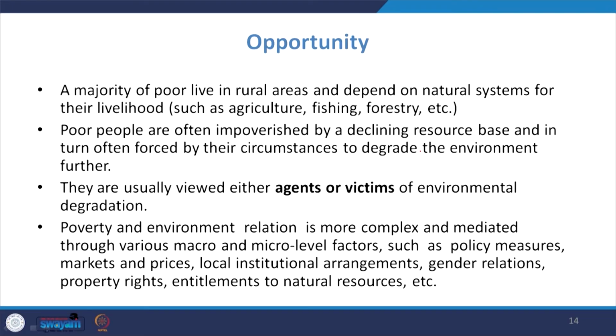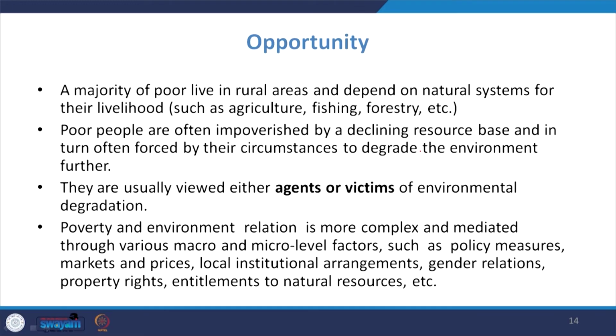So, what happens when there is a high incidence of poverty, then these poor people put more pressure on environmental resources, forest resources, water resources, sanitation, etc., and due to their high dependence on these resources and over extraction of these resources, the environment further degrades and it becomes a vicious cycle of poverty.